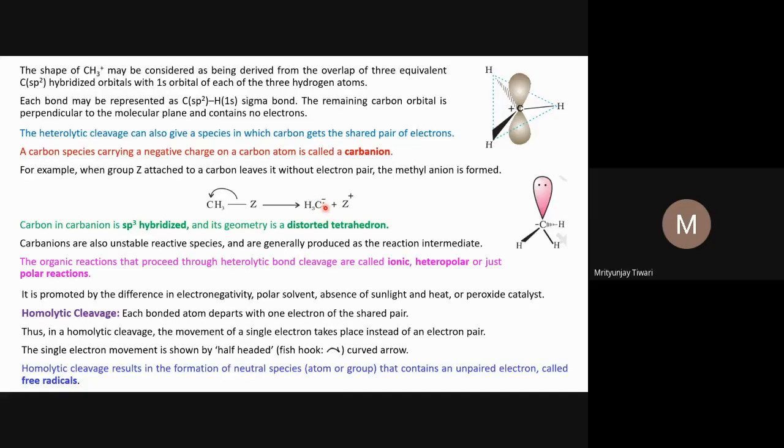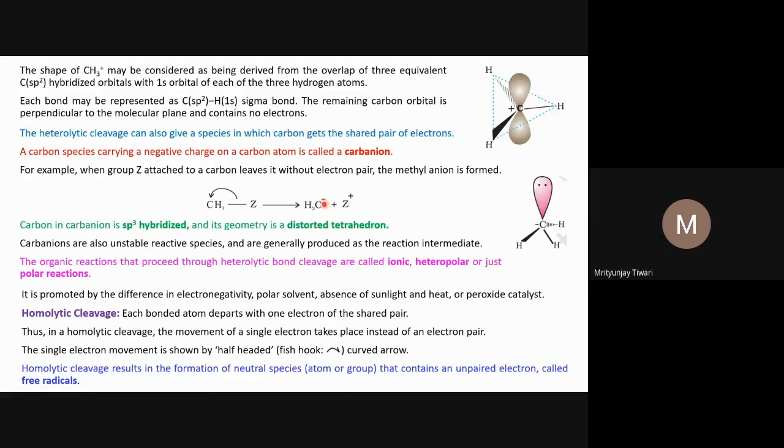Now these 2 electrons are also considered in hybridization, as I have explained earlier. The number of sigma bonds and lone pairs will tell you the hybridization of the central atom. Since this carbon atom contains 3 sigma bonds and one lone pair, its hybridization will be sp3.